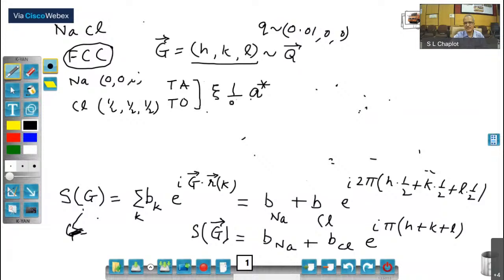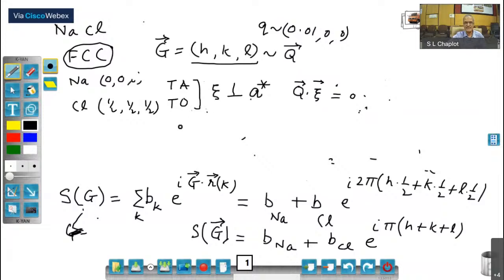Now, if xi is perpendicular to this, and I'm looking at q dot xi only, because that is what my intensity will be proportional to, then if q is parallel to a, that would just go to 0. So that is a quantity. If my g is in the x direction, then I will not be able to see the transverse phonons there.